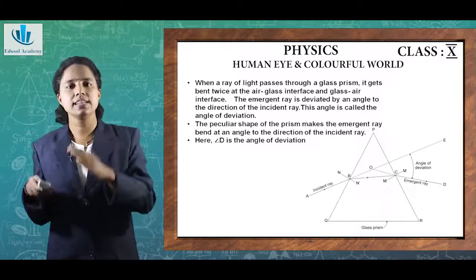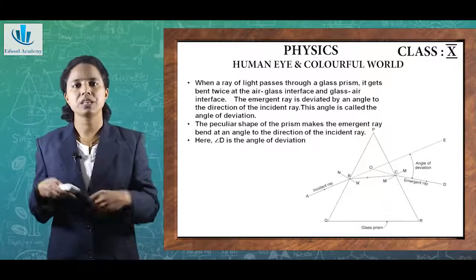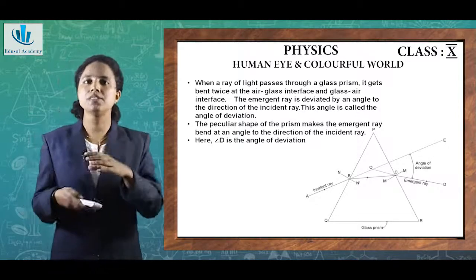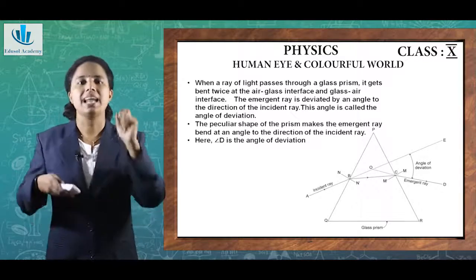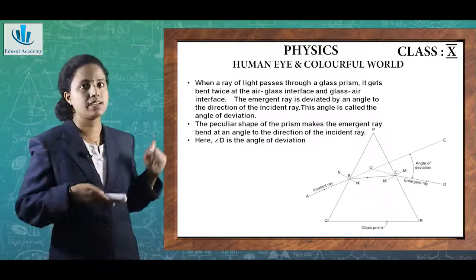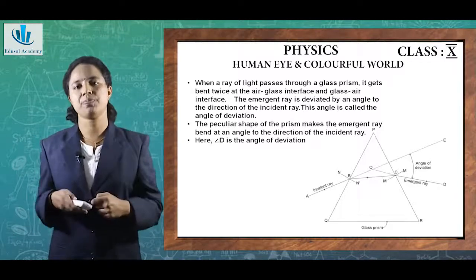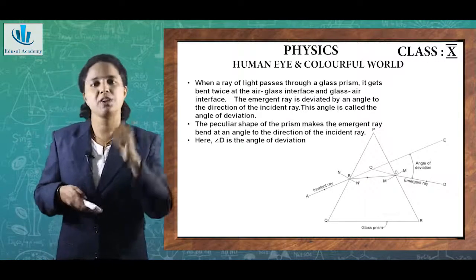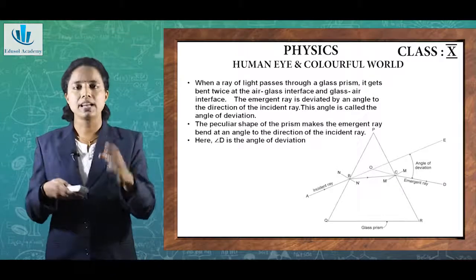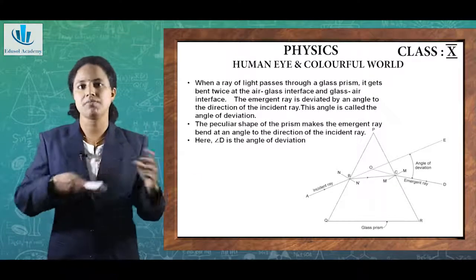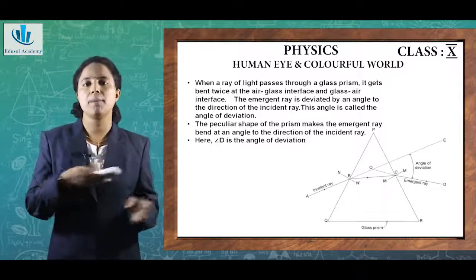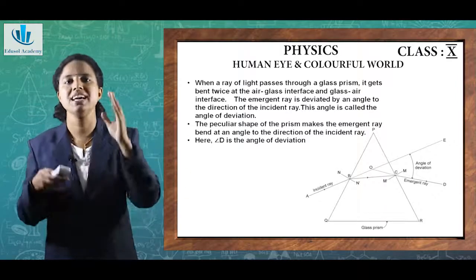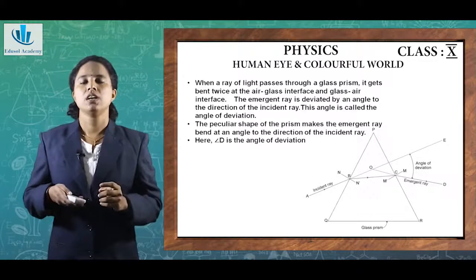When we consider the incident ray and the emergent ray, you can see the emergent ray is deviated by an angle to the direction of the incident ray, and that can be denoted by angle D, called the angle of deviation. And what contributes to this angle of deviation? We know that the prism has non-parallel surfaces, and the peculiar shape of the prism makes the emergent ray bend at an angle to the direction of the incident ray.